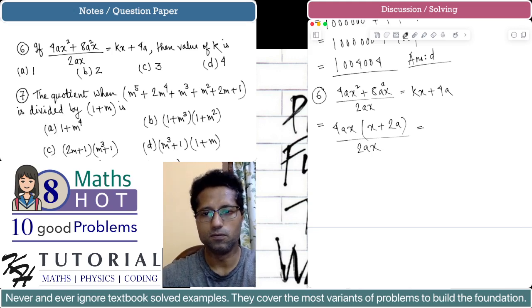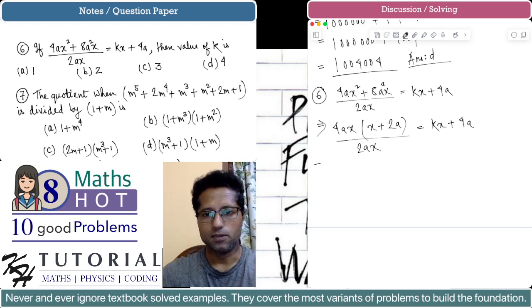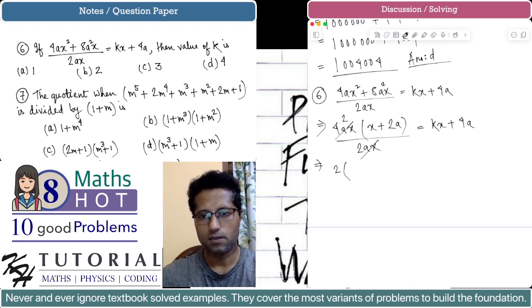This is given as equal to kx plus 4a. This implies, if you do some cancellation, 2ax will cancel 4ax with 2. So we get 2 times x plus 2a is equal to kx plus 4a.